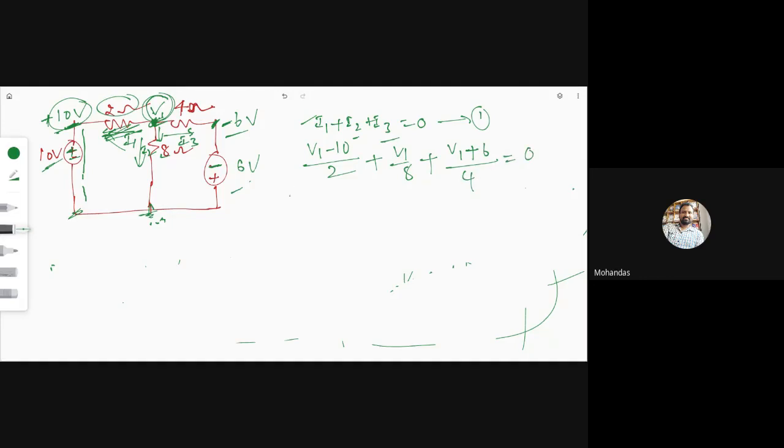Now let us take the LCM for this equation. What is the LCM here? 8.